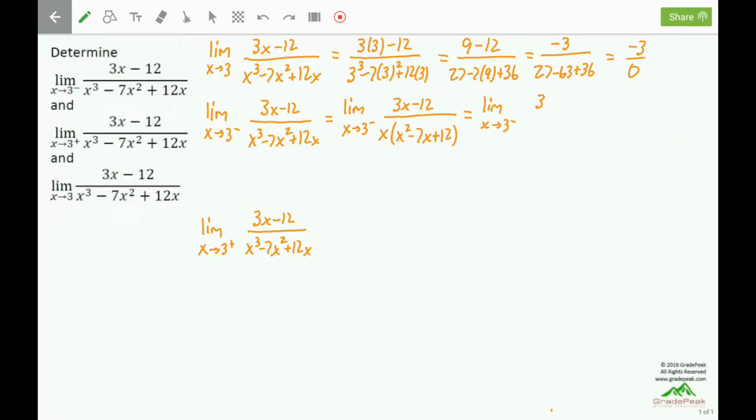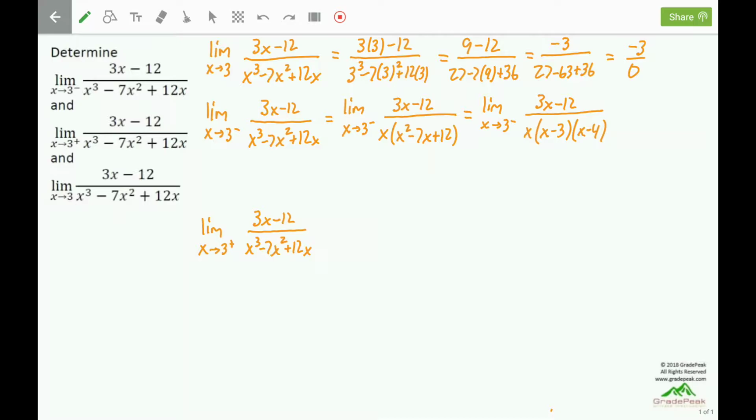The numerator can be left alone, and the denominator will factor into an x, and two numbers that multiply to be a positive 12 and add to be a negative 7. Negative 3 and negative 4 will take care of that.